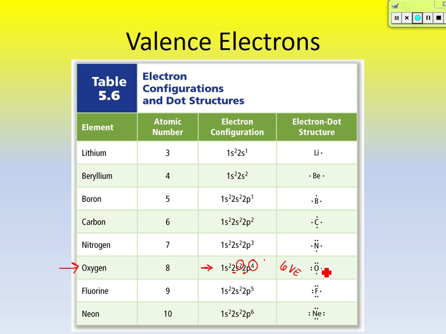Let's do one more. Let's do neon down here. If we look at the electron configuration here, the highest energy level is 2. If we add up all the electrons in there, 2 plus 6 is equal to 8 valence electrons. And that's why when you look at the dots here, there's 8 dots around the neon symbol.